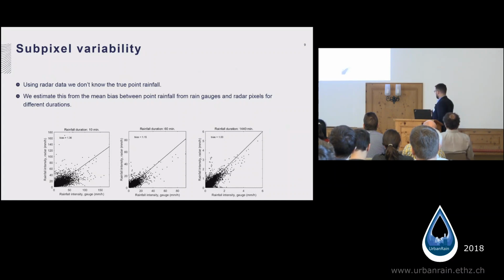So we do some bias where we look at the correlation between the gauge and the radar for different durations. And the smaller the duration, the larger the bias. So when you do daily adjustment, then we have a bias of 1. So this is to take care of this subpixel variability.